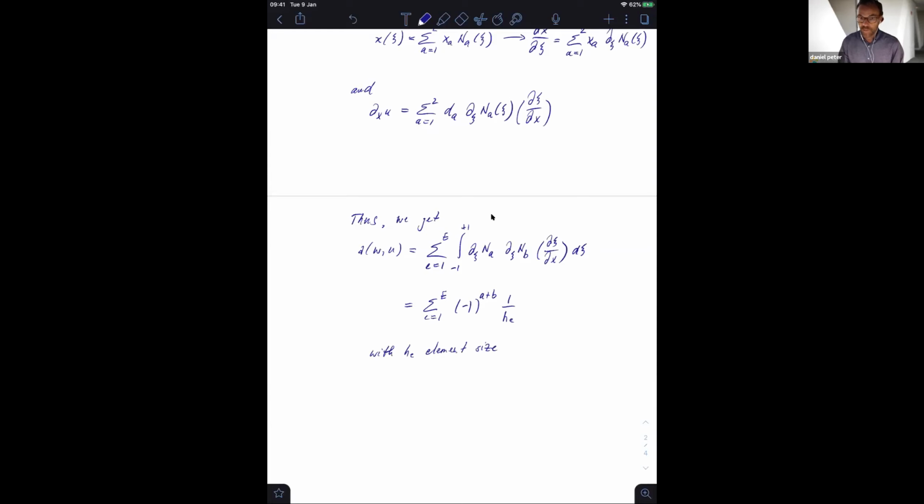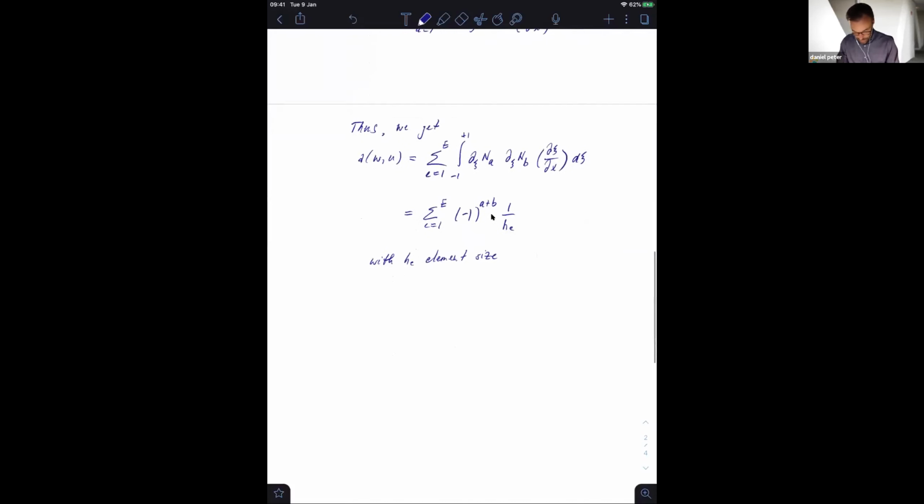So you see, we do evaluate what this integral is. We evaluate what the derivatives of these linear shape functions are. We can do that. We know the mapping. And then we can evaluate exactly what these integrals are. So we can do that analytically here, in this case.